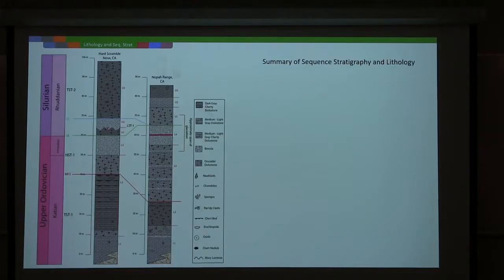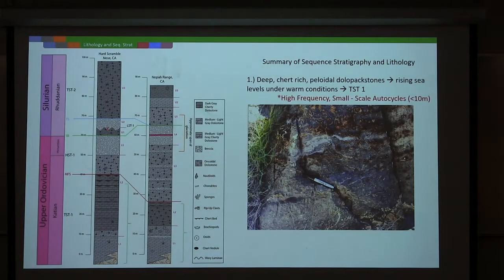So that's a lot, and so I just want to sum it up. Essentially what we're seeing at the base of both localities are deep chert-rich peloidal dolopackstones that are accompanied by high-frequency small-scale autocycles. This means that we have rising sea levels under warm conditions and high CO2 levels, indicating we're in transgressive systems tract 1.